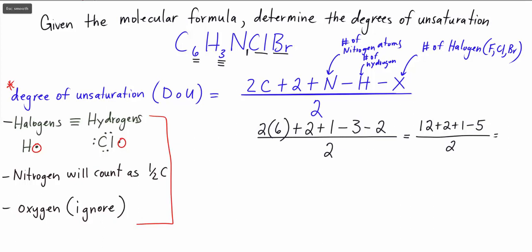So 12 plus 2 gives us 14. Plus 1 gives us 15. 15 minus 5 would be 10. And then we divide that by 2, and that's equal to 5.